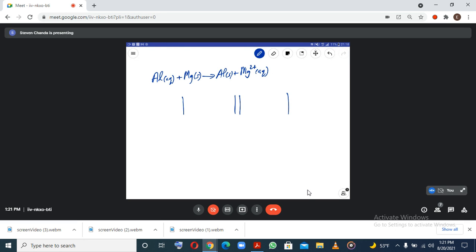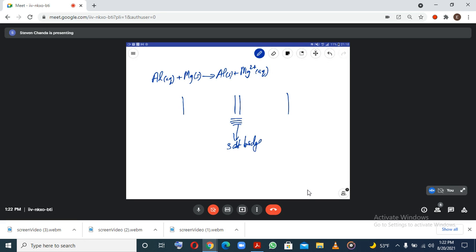So let's now discuss these two lines. Those double lines, what do they represent? They represent what you would call the salt bridge or the porous disk. Remember the salt bridge that we were talking about yesterday?